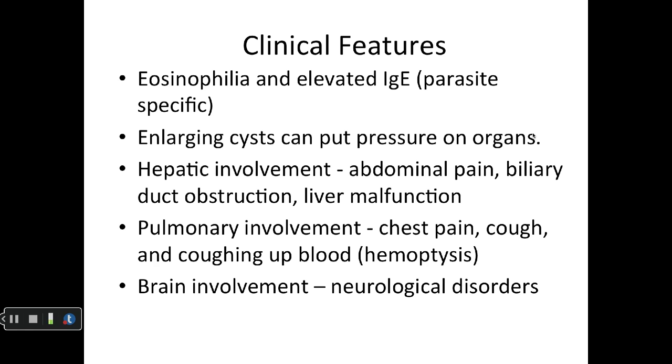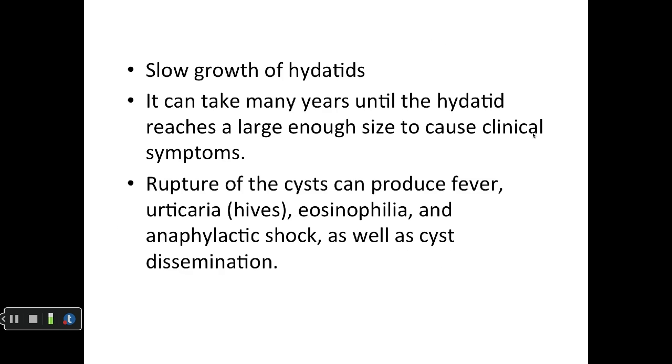When these cysts grow inside the liver, there are going to be obvious liver symptoms like abdominal pain, biliary duct obstruction, and other symptoms of liver malfunction. In the lungs, of course, you're going to have chest pain, cough, sometimes coughing up blood, difficulty breathing as these cysts become very large. If these cysts are in the brain, obviously you could have severe neurological disorders.